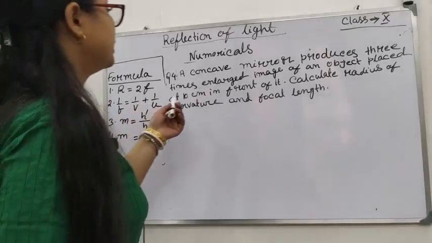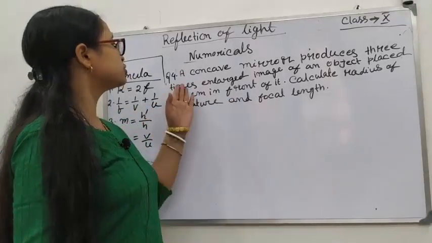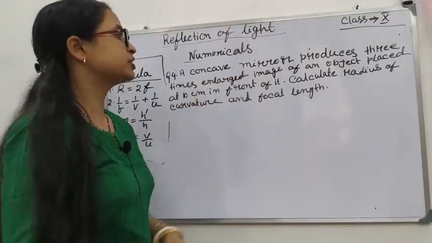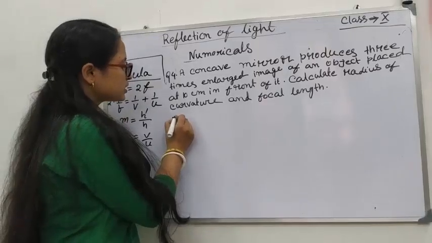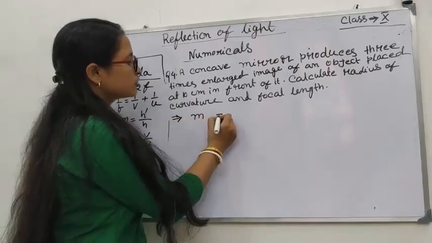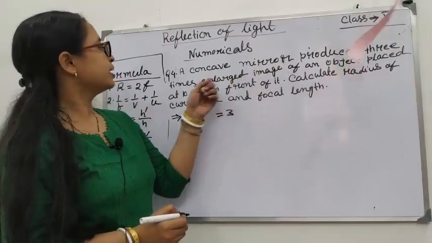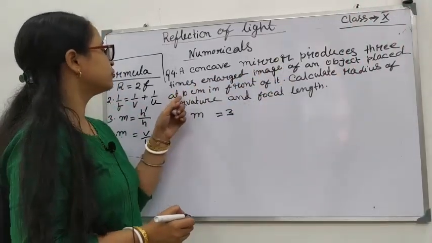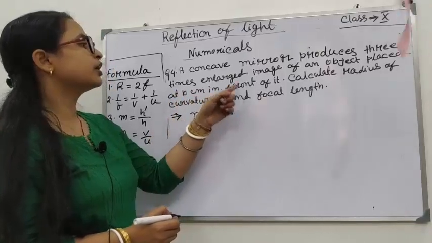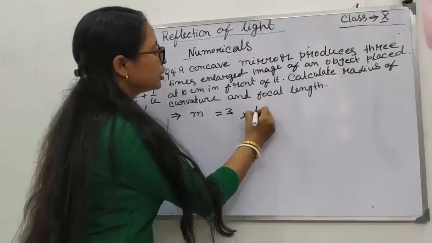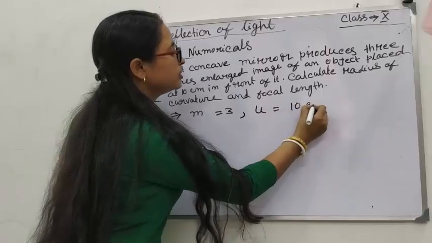So the next numerical: a concave mirror produces 3 times enlarged image. 3 times enlarged image means here m is 3. Clear? Now, 3 times enlarged image of an object placed at 10 centimeter in front of it. So u is equal to 10 centimeter given.